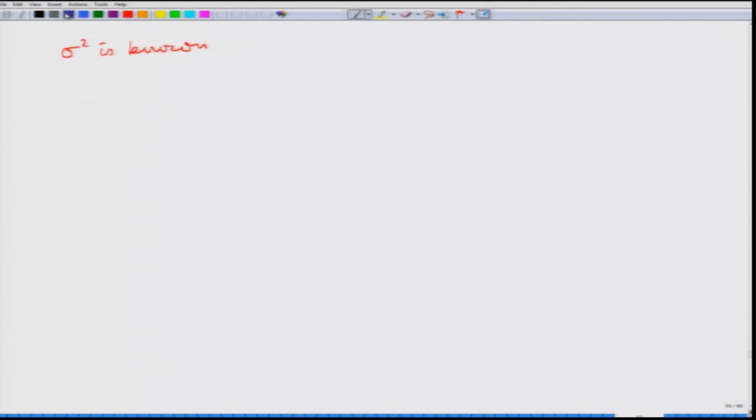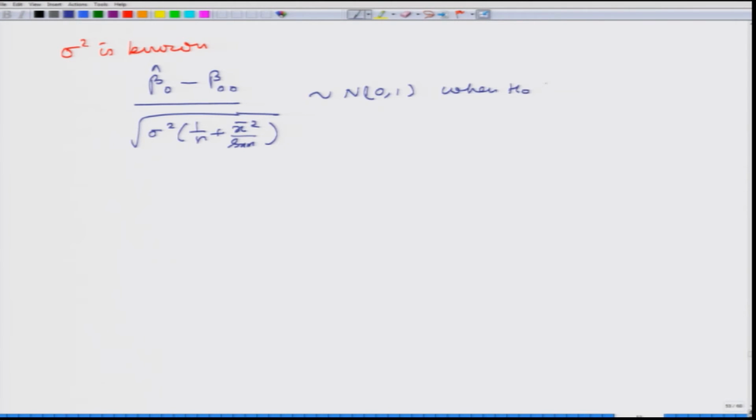In this case we can write beta 0 hat minus beta 0 0, divided by the square root of the variance of beta 0 hat, which is sigma square times 1 over n plus x bar square over Sxx, and this follows a normal 0 1 distribution when H naught is true, right. This we call the Z statistic and denote it by Z naught.